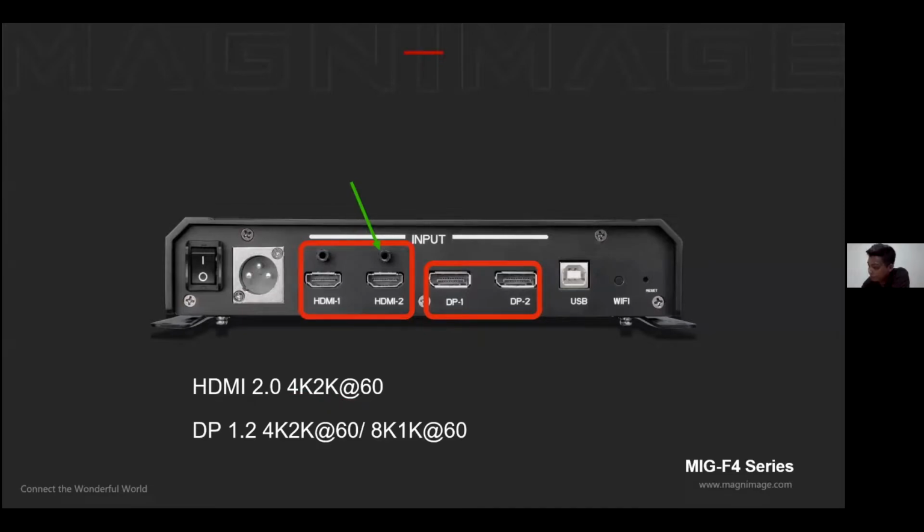And for the DP version, we have two choices in the market. 1.1 is 3840 by 1080, 60 hertz. But the F4, the DP input is 1.2.